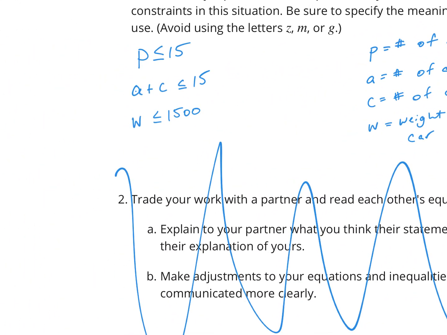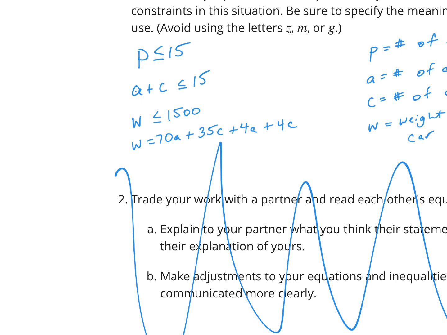So an equation that you could potentially write is W equals 70A plus 35C plus 4A plus 4C. You could have even combined 70A with 4A and 35C with 4C instead of writing it as one big inequality.